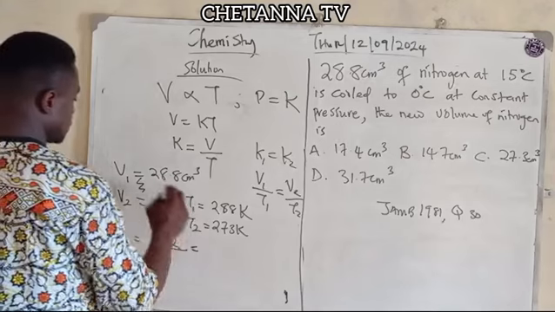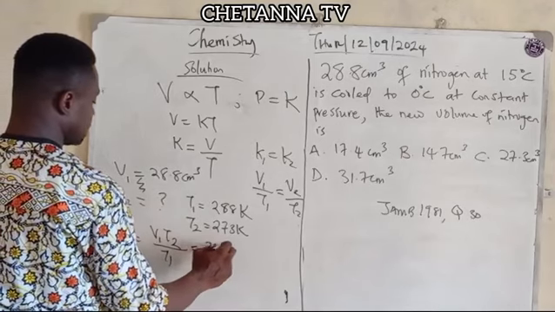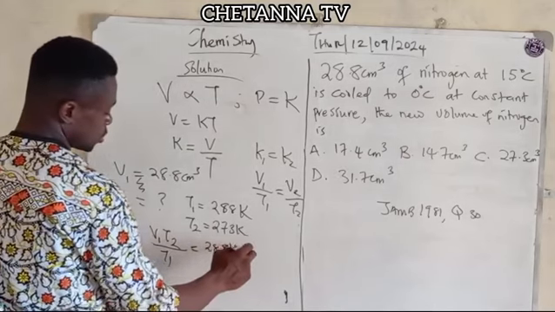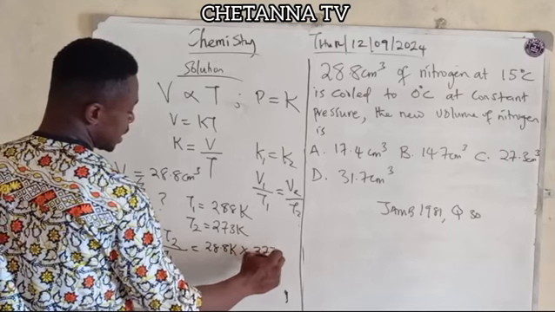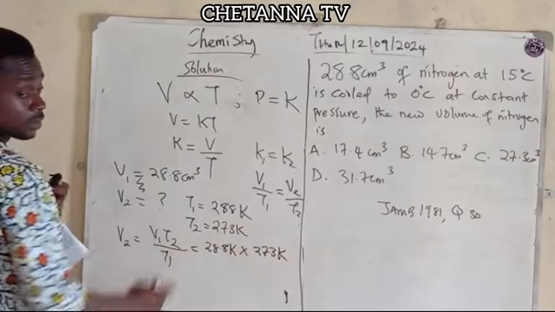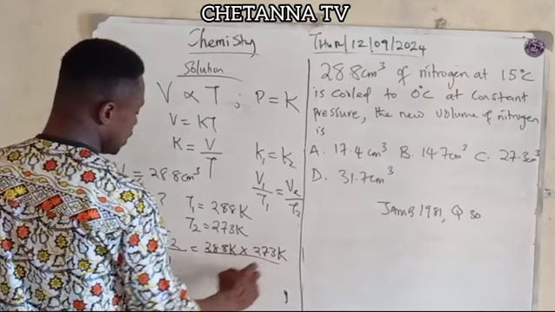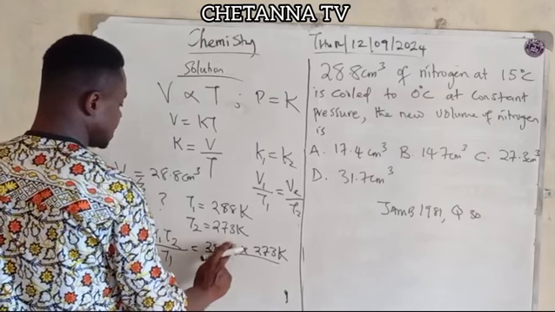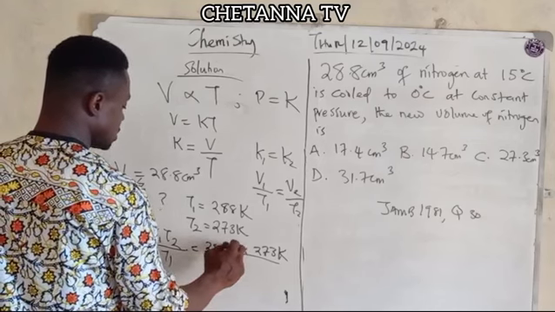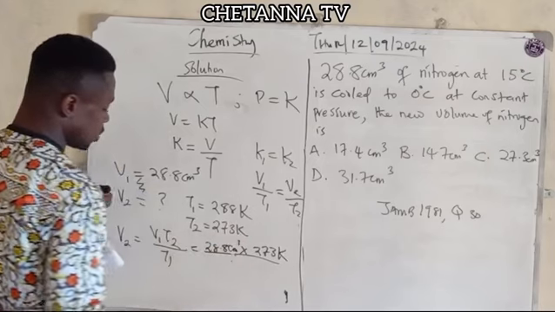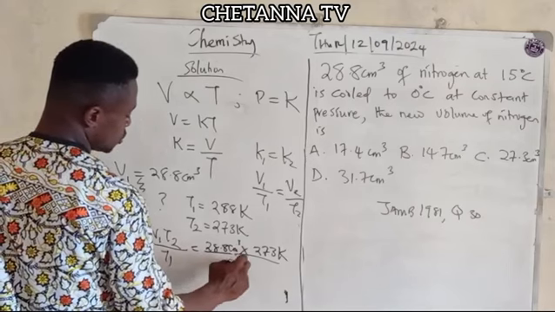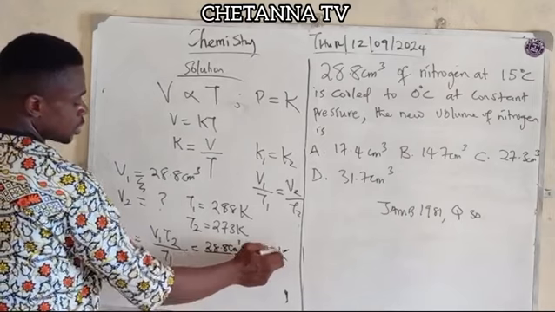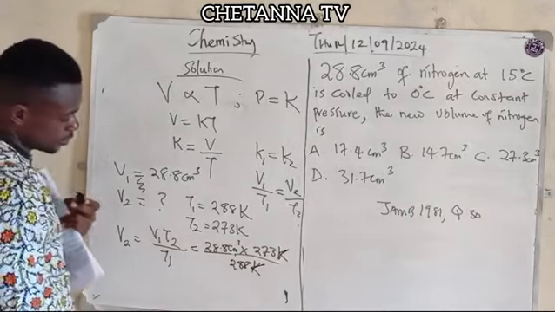V1 is 28.8 cm³, T2 is 273 Kelvin, over T1 which is 288 Kelvin. So Kelvin will cancel Kelvin.